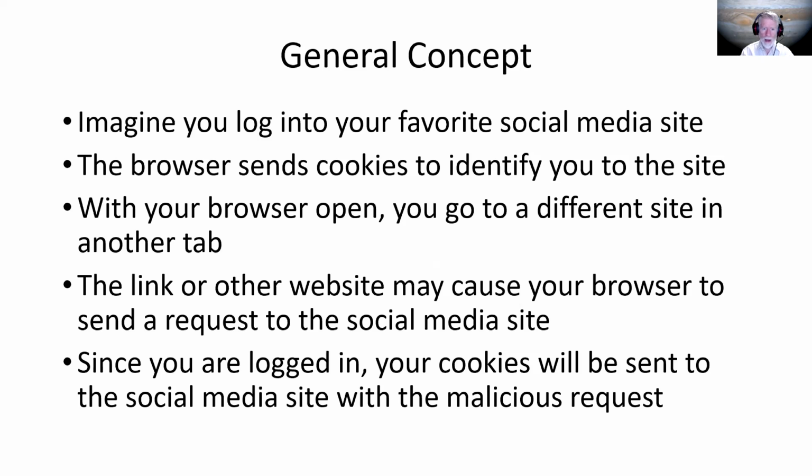Now, while you have your browser open, you open up another tab in the browser and you go to another website. Or maybe you click on a link in an email, which automatically opens up another tab in the browser. And it goes to a different website from some third-party one. But that third-party website has access to that. It can either, we'll talk about different ways you can do it, it can be a form, a request, a link, an image.